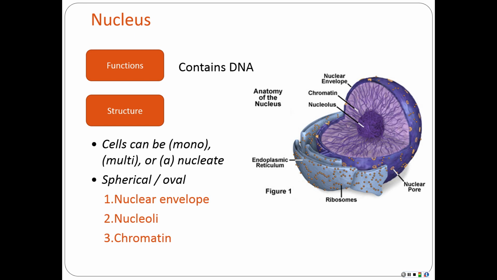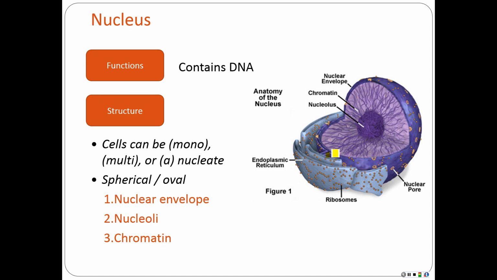If we look at the overall structure of the nucleus, it does have a nuclear envelope. I want you to make a note about the nuclear envelope, as I alluded to a minute ago. The nuclear envelope is double membraned. That means it has 2 phospholipid bilayers around it. If you look fairly closely, over here on the far right hand side of the image, you can see in the purple is the nucleus.